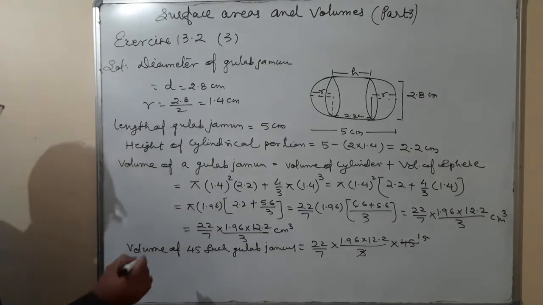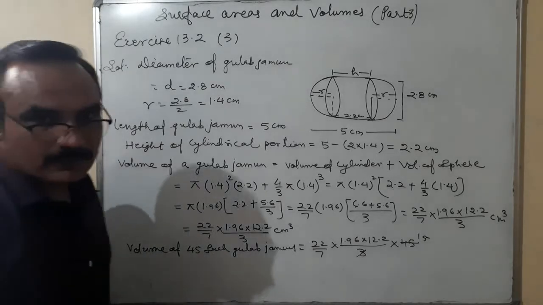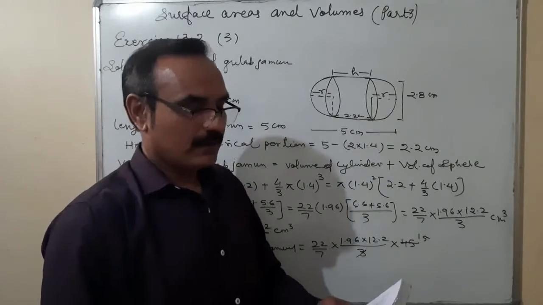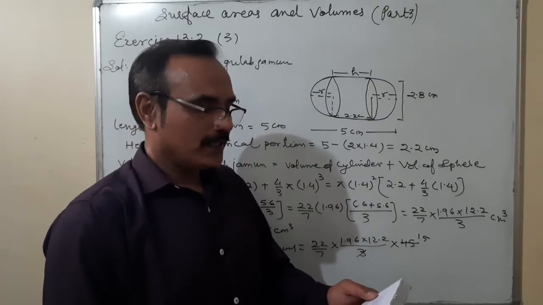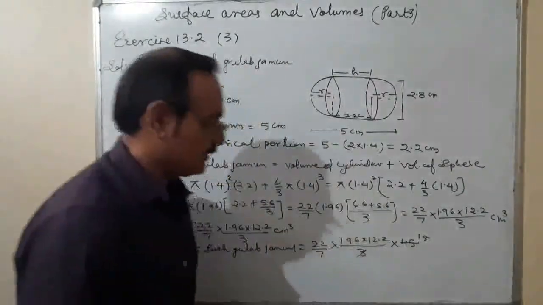And after that, we are going to find the sugar syrup. This is the first line of the question: find approximately how much sugar syrup would be found in 45 gulab jamuns.